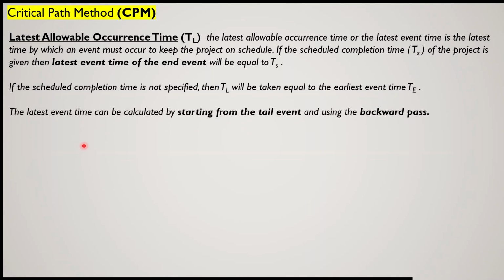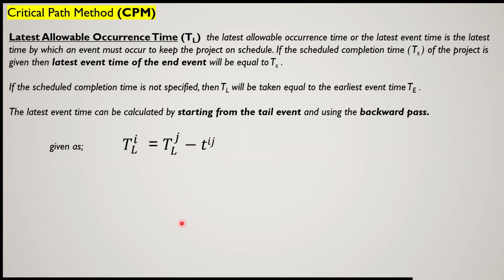Now how to calculate the latest event time? The latest event time can be calculated by starting from the tail event and using the backward pass. Later on we will be able to understand, and the formula will change a little bit. Here we replace j by i and i by j, and in the earliest event time there was a plus sign, that means we were adding the duration of the activity.